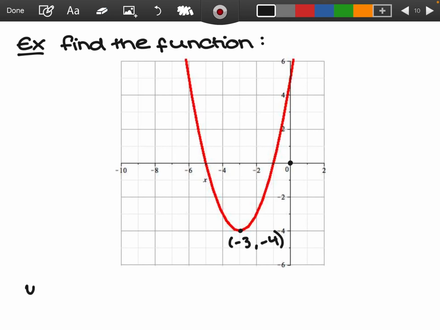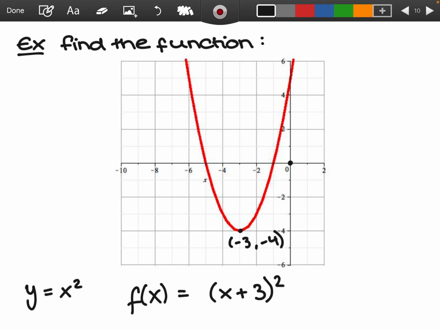That tells me that if I took my original graph of y is equal to x squared, I'll call my new function f of x. If I've shifted it to the left by 3 units, that means inside my function, remember it's the opposite of what you think whenever you deal with anything horizontal, it would actually be (x + 3) squared.